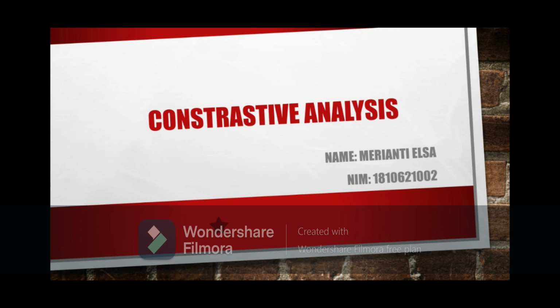Contrastive analysis was widely used in the 1960s and early 1970s as a method of explaining why some features of the target language are more difficult to acquire than others.